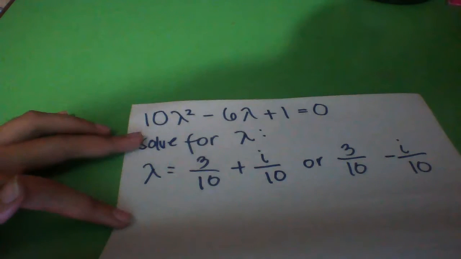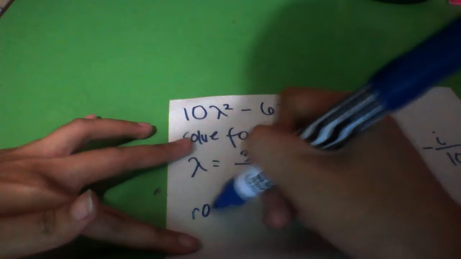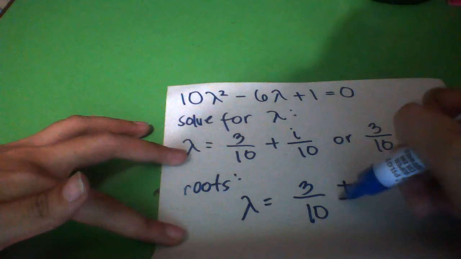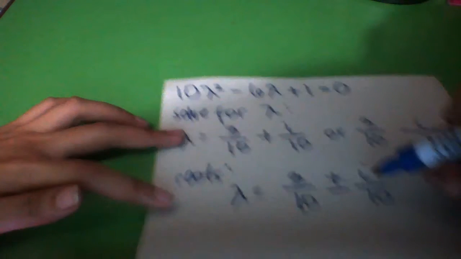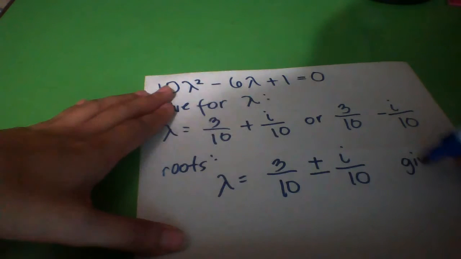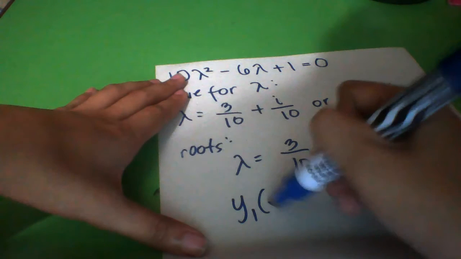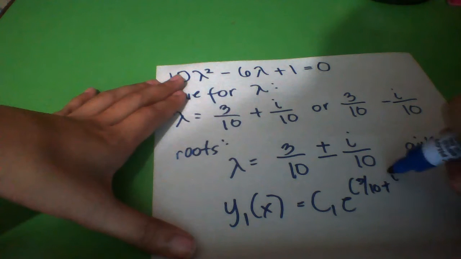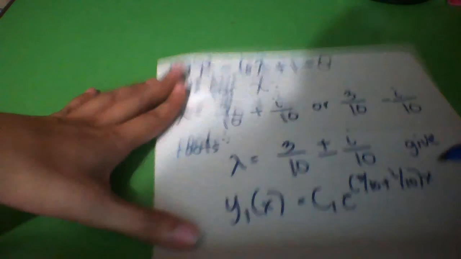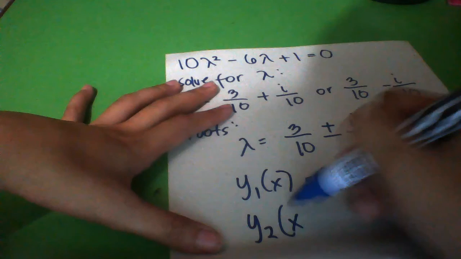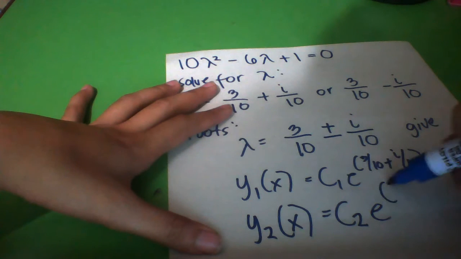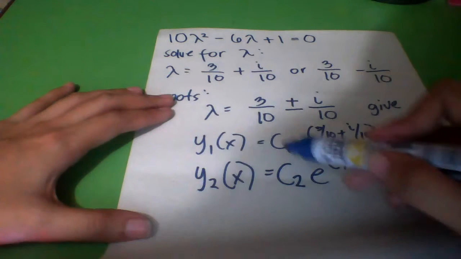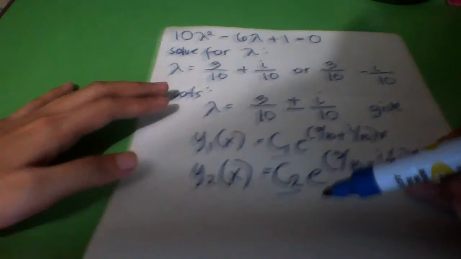The roots lambda equal to 3 over 10, positive and negative i over 10, give y sub 1 of x is equal to c1 e to the (3 over 10 plus i over 10) x and y sub 2 of x is equal to c2 e to the (3 over 10 minus i over 10) x, where c1 and c2 are arbitrary constants.